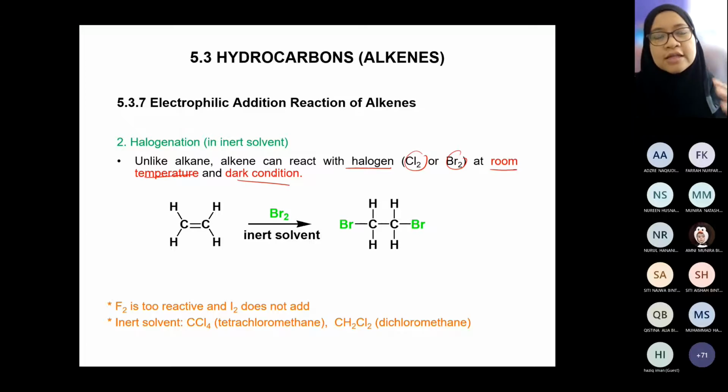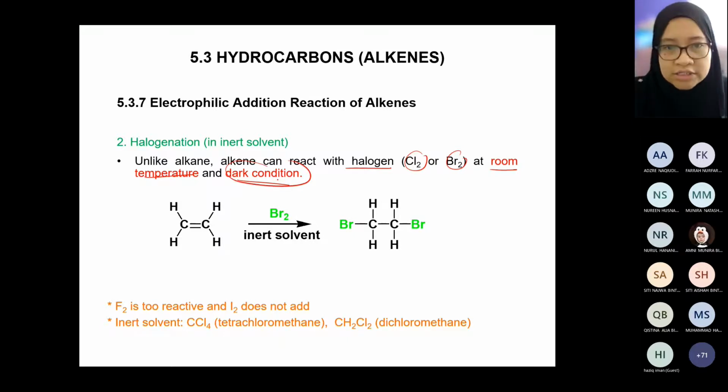Alkanes require a specific condition, which is the, what do we call that? The UV light. So it should not be in dark condition, but conversely for alkenes, the reaction can be performed in dark condition. That's the difference.